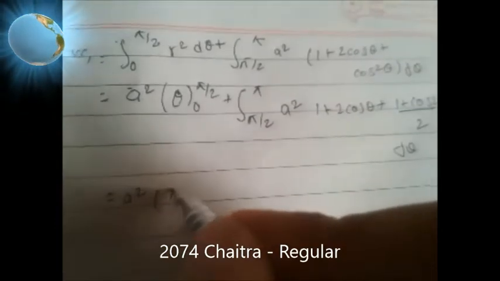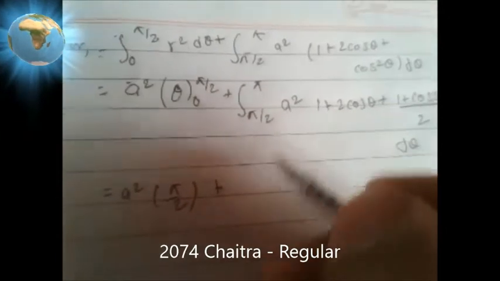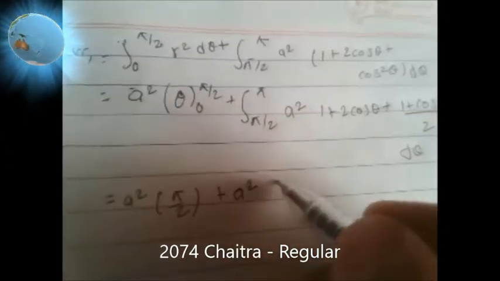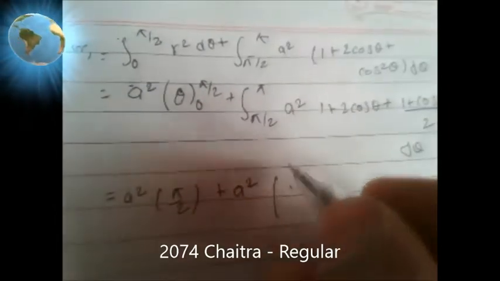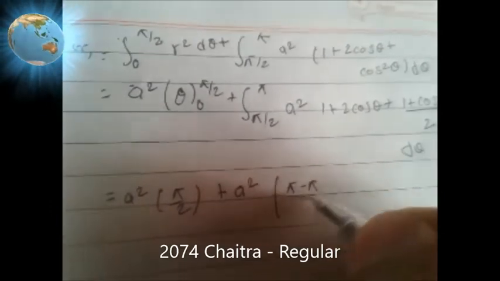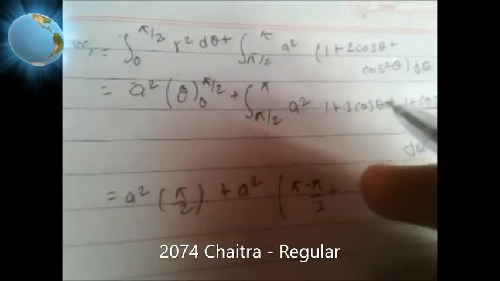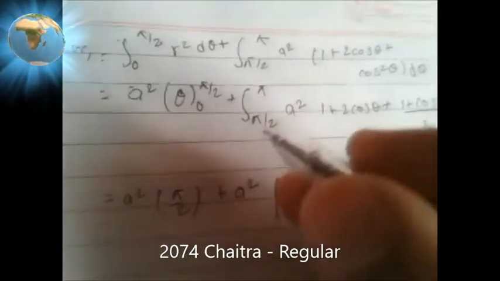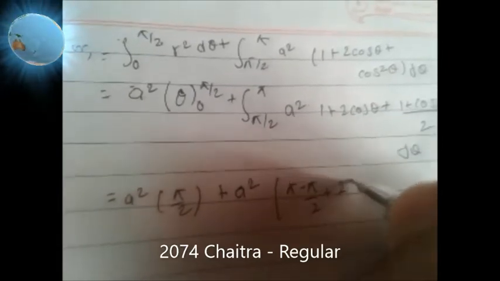Now we will integrate this. pi by 2 minus 0 is pi by 2, plus this a square comes out. Now from pi by 2 to pi, the integral of 1 is pi minus pi by 2, plus the integration of 2 cos theta, which is 2 sin theta.